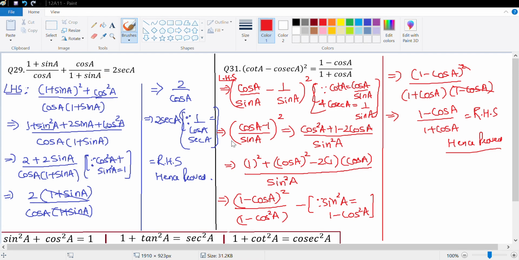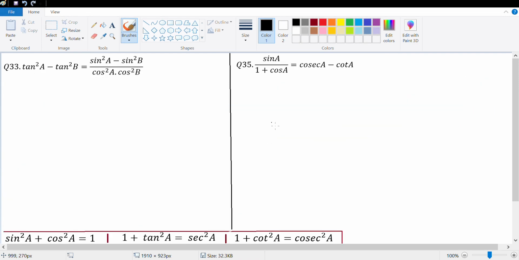The next question that we do would be question number 33. Question number 33 says tan square a minus tan square b. I need to prove that this is equal to (sine square a minus sine square b) upon (cos square a times cos square b). So I realize that my right hand side is only sine and cos. So let me just convert the left hand side also into sine and cos.